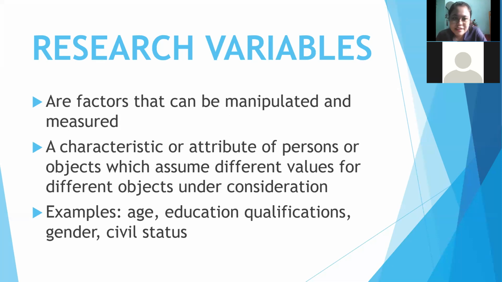Research variables is what they are called. It can be a characteristic or attribute of a person or an object that we consider when we conduct our research. Examples of research variables that we measure or manipulate are age, educational qualifications, gender, civil status, and many more.